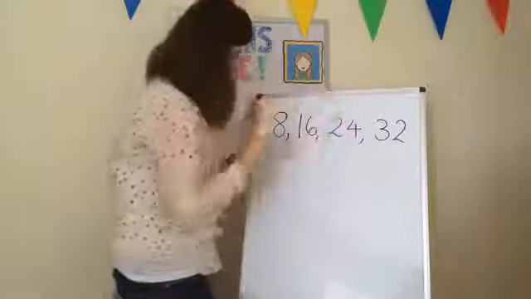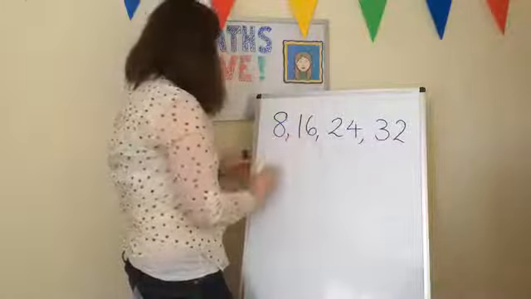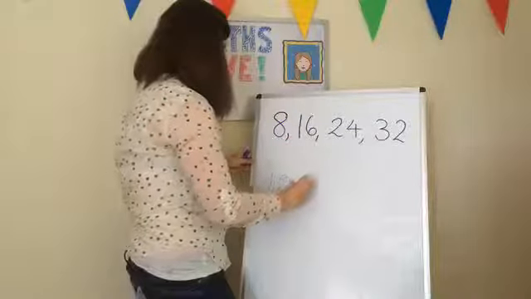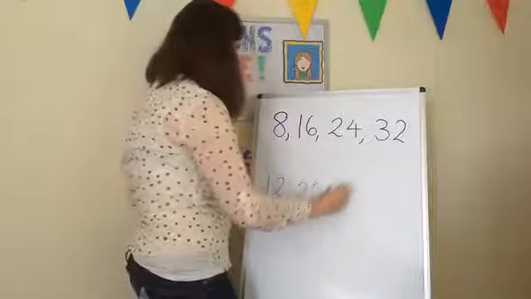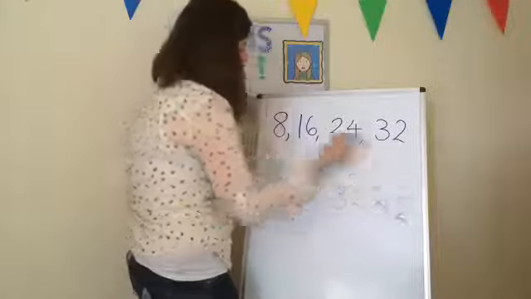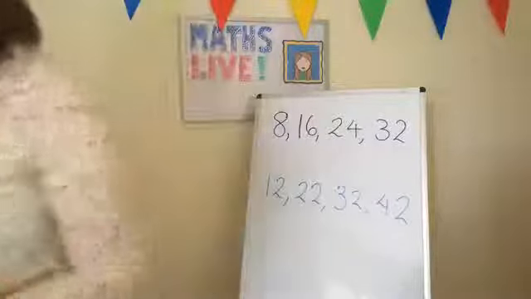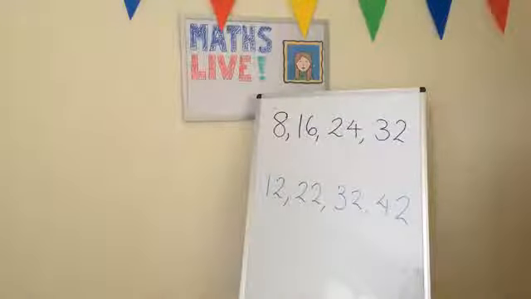That's your first one. And your second one is 12, 22, 32, 42. So can you find the formula for each sequence? Give those two a go. Brilliant, well done.